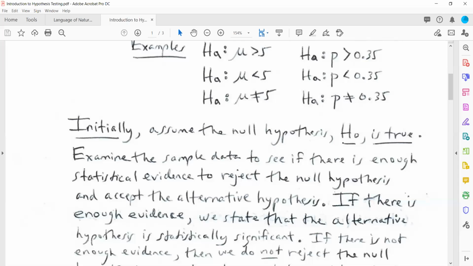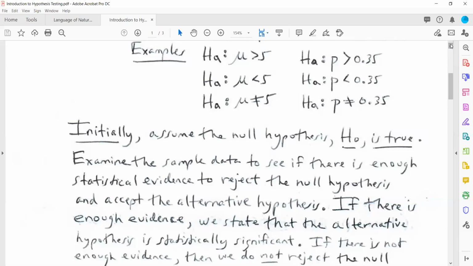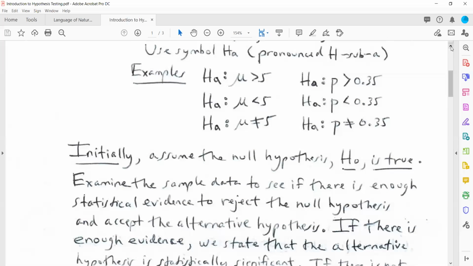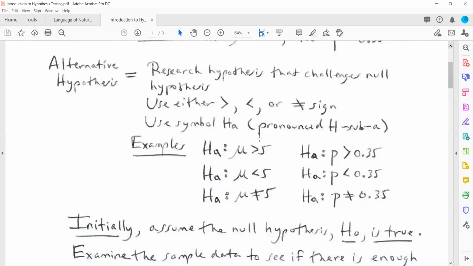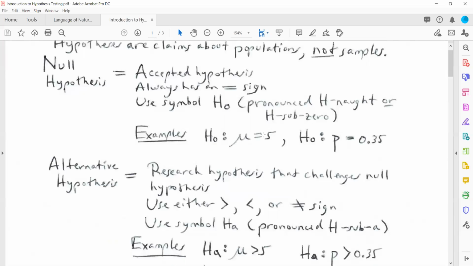Now, the further away the sample mean is from the population mean, it would make sense that you would start to have some doubts about whether the hypothesized mean, that is the null mean, in this case 5, is really true or not.